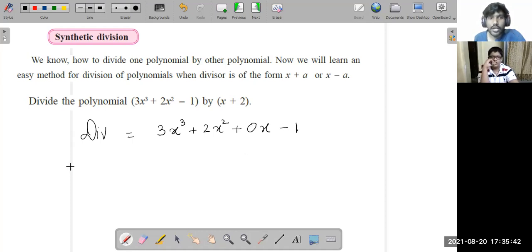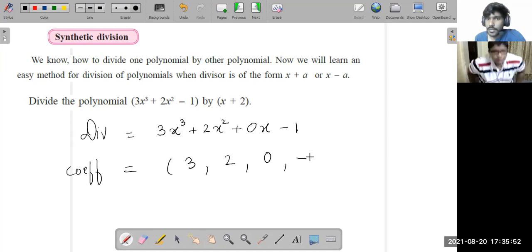Now you write the coefficient form of this. So the coefficient form will be 3, 2, 0, minus 1. Is this clear?